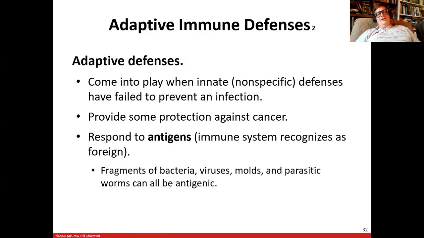And that method has a lot less side effects than things like chemo or radiation, a lot less traumatic. Anyway, moving on, they're antibodies and they can respond to cancer. Antibodies are looking for antigens, things that can generate an immune response. Like I said, they're things that don't belong in your body. They could be bacteria, virus, mold, parasitic worms, all that jazz.